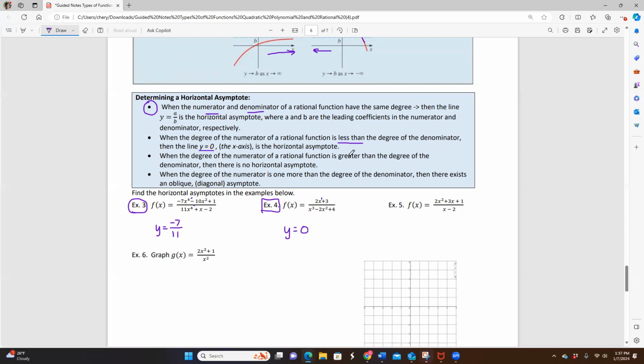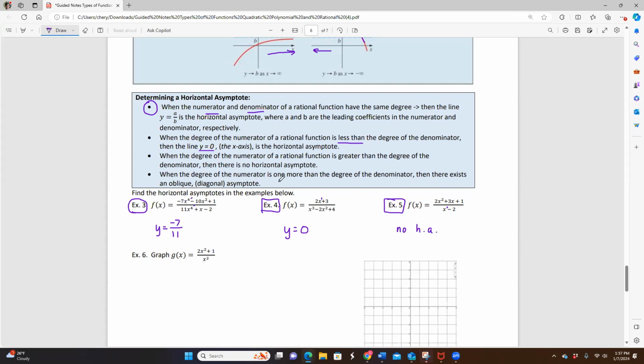So let's look at our third criteria here. It says when the degree of the numerator of a rational function is greater than the degree of the denominator, then there is no horizontal asymptote. That's going on in example 5 here. Here we have f of x equals 2x squared plus 3x plus 1 over x minus 2. So since the degree of the numerator is greater than the degree of the denominator, there is no horizontal asymptote.